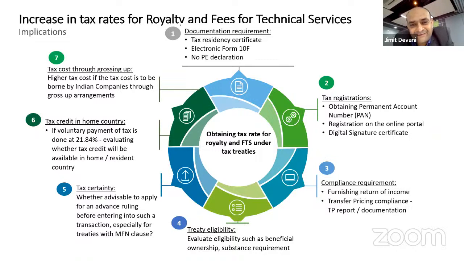If you read the tax treaty, it says that you are eligible for the lower rate of 10% or 0% or 15%, as the case may be, if the foreign company is the beneficial owner of the royalty and service fees, and you are not trying to do treaty shopping. For verifying that treaty eligibility, you will have to compulsorily file your tax return, and only then will the income tax authorities be able to verify by way of scrutiny.